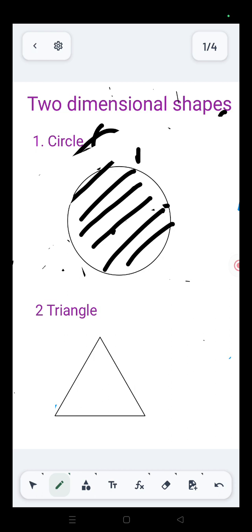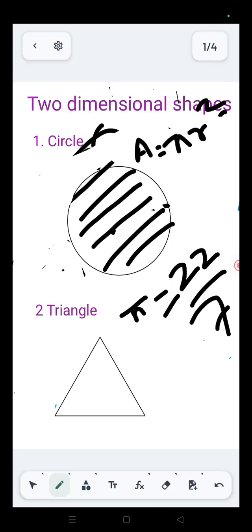So the area of the circle is denoted by capital A. Its formula is pi r square, where the value of pi we have already discussed: 22 upon 7, or sometimes 3.14. Okay, so this is a brief summary about the circle.